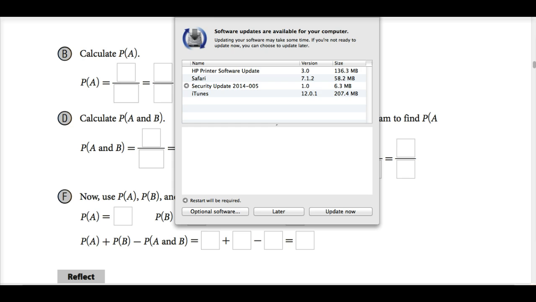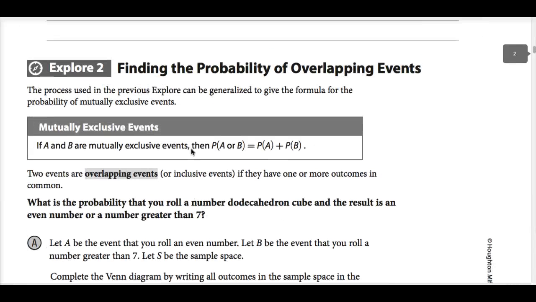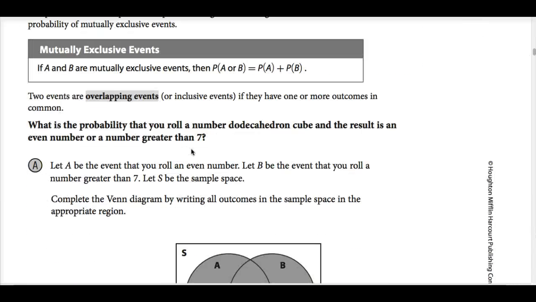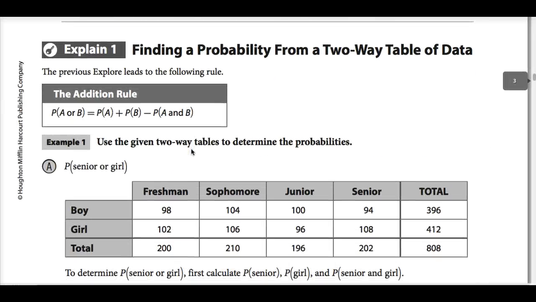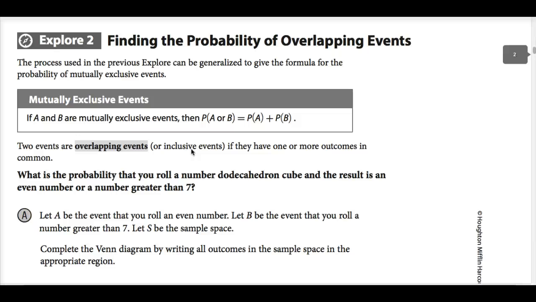We have a mutually exclusive event, okay. And then you also have an overlapping or an inclusive event.